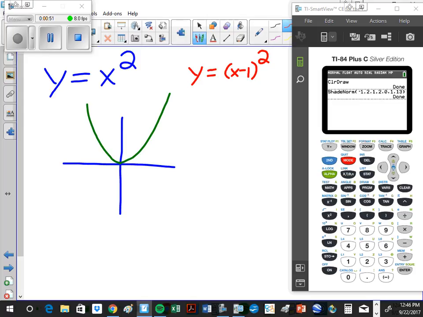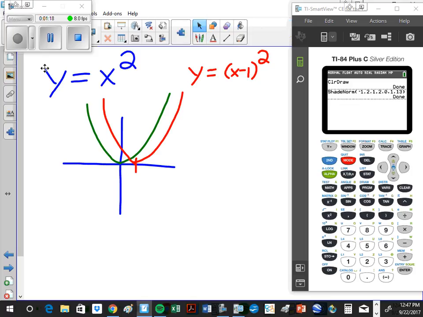And you need to remember that everything that happens on the inside, on the x, is backwards. So it says x minus 1, so you think all of the x's would get smaller by 1, which is actually what happens. But then when you plug them in, you get the answers that you would of something that's further to the right. So x minus 1 actually moves right 1. Same shape, it just got shifted right.